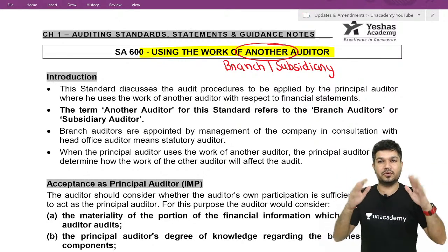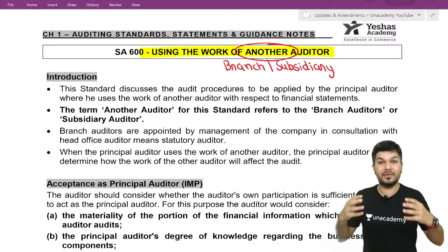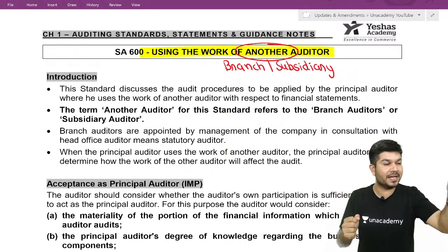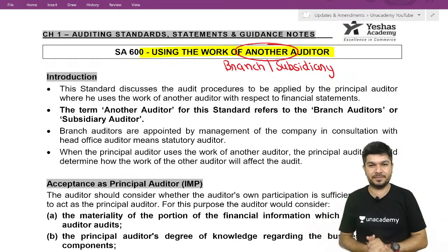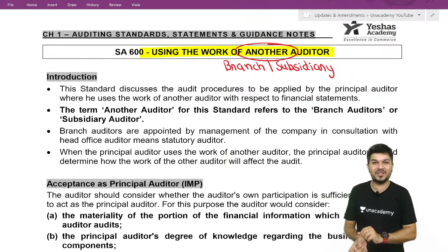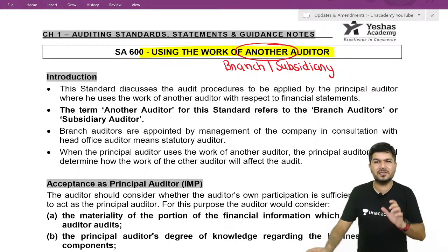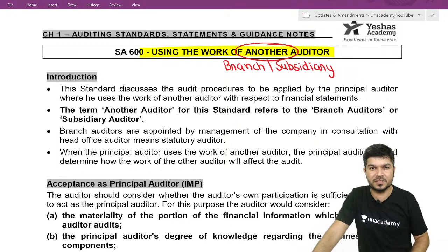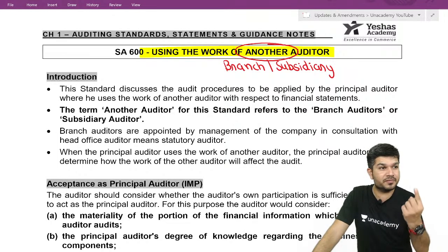Okay. So this SA is applicable whenever a principal auditor uses the work of a branch auditor or a subsidiaries auditor. Okay, sir, suppose we have joint auditors. What are joint auditors? Two or more auditors for one company.